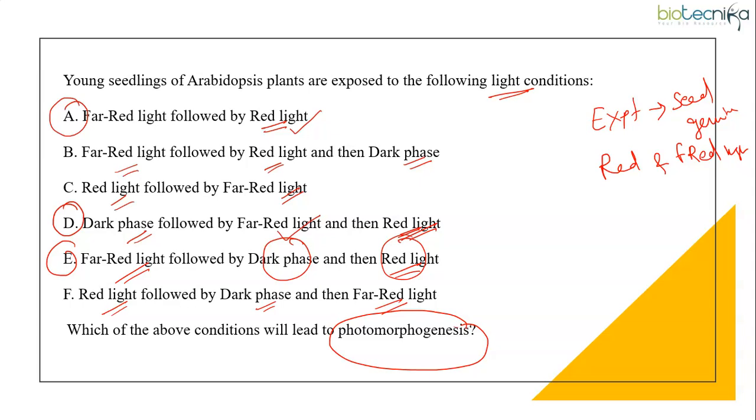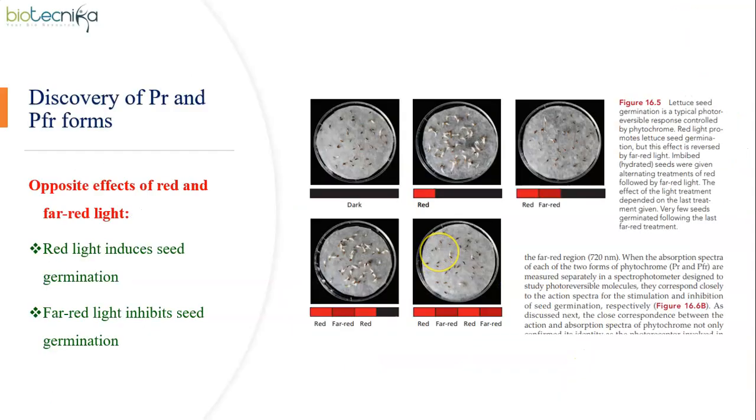Now, why is it so? Well, this was experimentally proven. As you can see, lettuce seed germination was carried out. When it was exposed to dark condition, there was no seed germination. When it was exposed to red light, seed germination was seen.